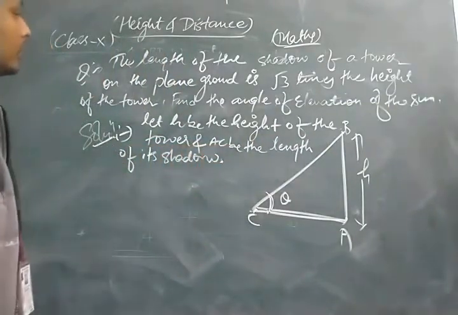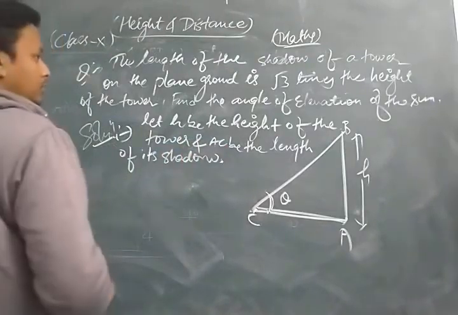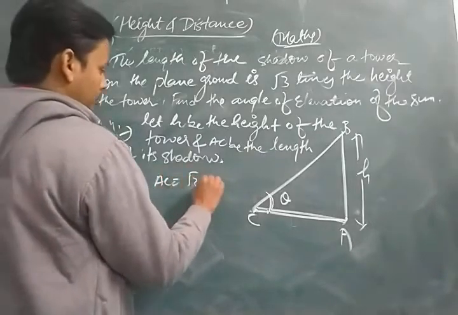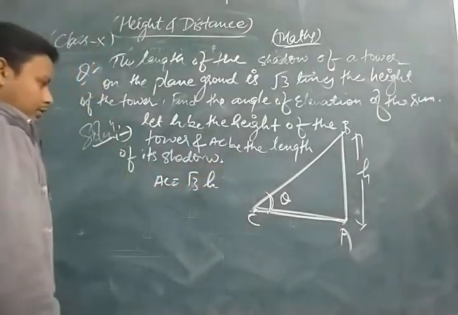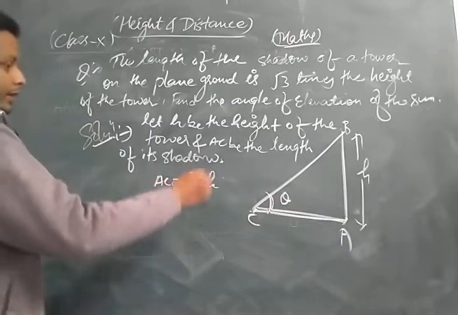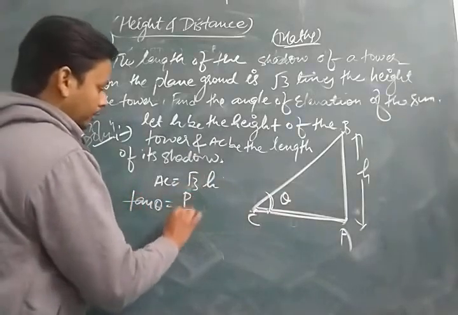Okay. Now, according to the question, the length of the shadow of the tower on the plain ground is root 3 times the height of the tower, so AC is equal to root 3 into h. Now find the angle of elevation. So we apply tan theta equals perpendicular upon base.